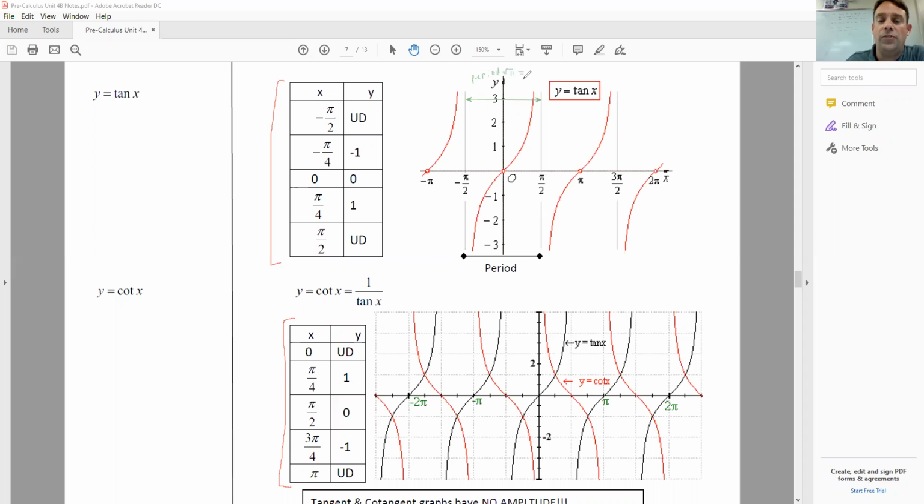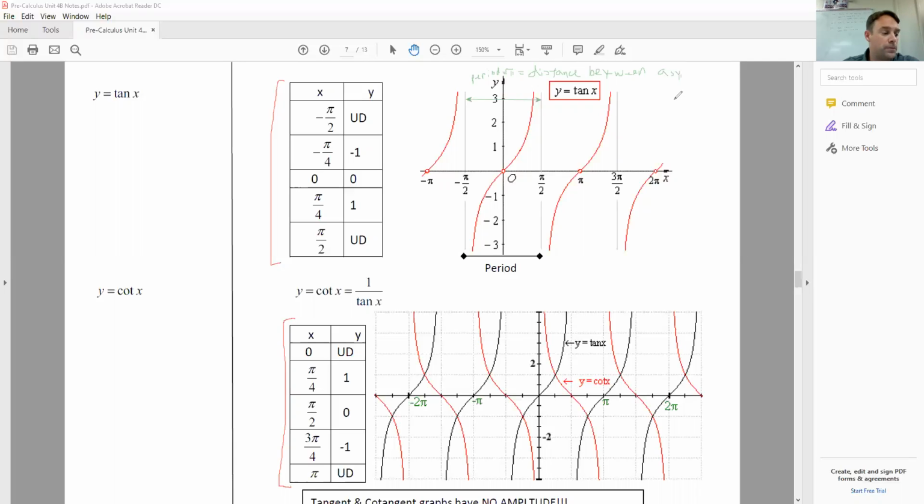However, that period length is also the distance between the asymptotes. So one period only exists between the asymptotes. My handwriting is not good. That's what I get for writing with the mouse.